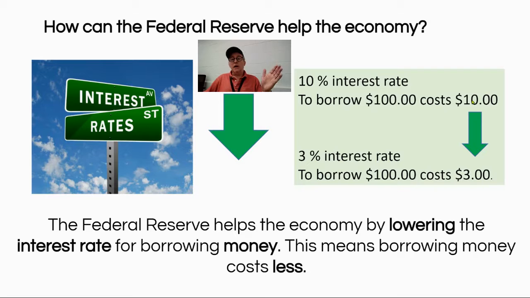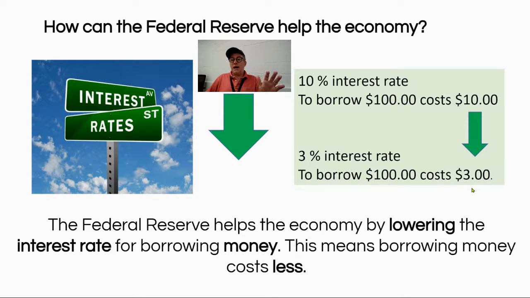So if I borrow $100 today, in 1 year I would have to pay the bank or the person who lent me that money $110. At a 3% interest rate, to borrow $100 costs $3. So at the end of a year, I would have to pay back the $100 plus $3, $103, for the privilege of borrowing that money.